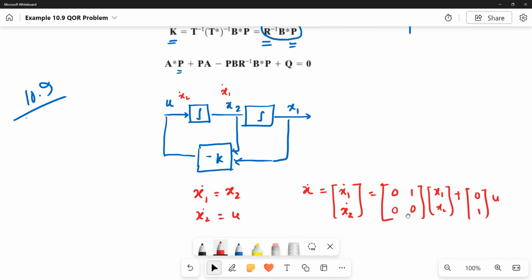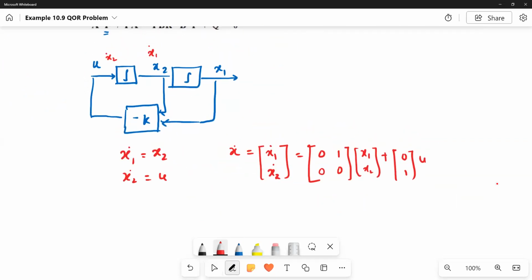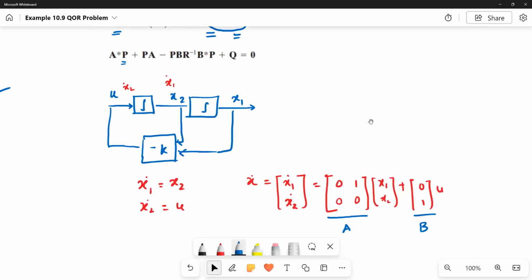So from this one, we can see that our system's A matrix is this, and this is our B matrix, which will be required for your reduced matrix Riccati equation. As you can see here, A, B, as well as R and Q will be required.